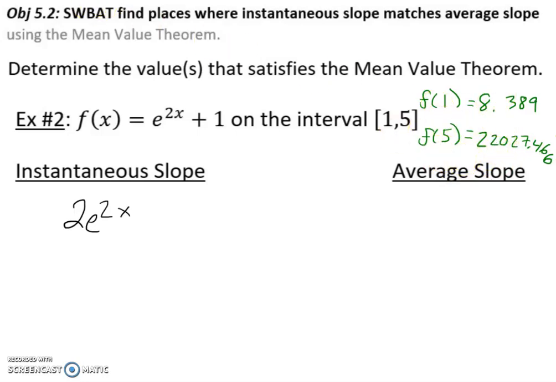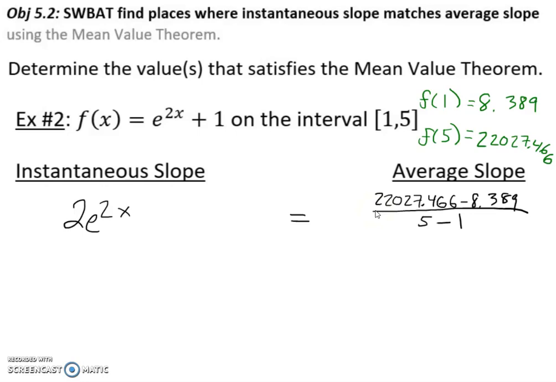So our average slope is the slope formula, so that's going to be 22,027.466 minus 8.389 divided by the x values of 5 minus 1. So this is rise over run. The mean value theorem says that these must be equal, the instantaneous slope and the average slope, and now we're just going to solve.